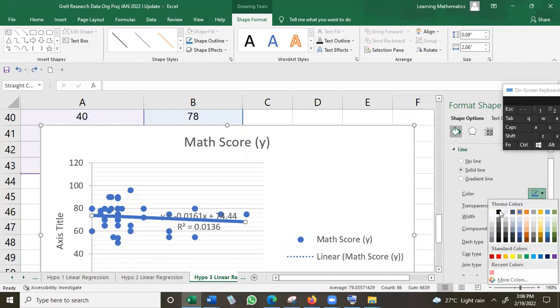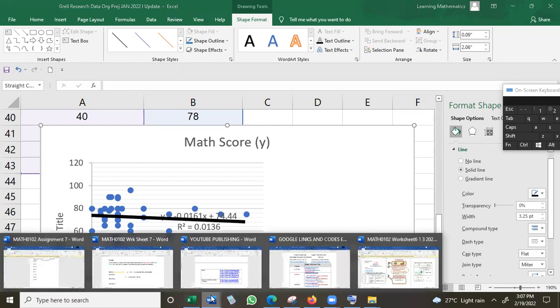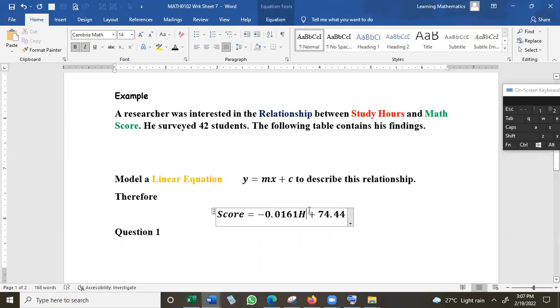So with this line, further analysis can be done. Y is equal to mx plus c, minus 0.0161 and 74.44. Here it is, minus 0.0161 and 74.44. S would be the dependent variable, S for score, and H for hours, X for hours, Y for score.